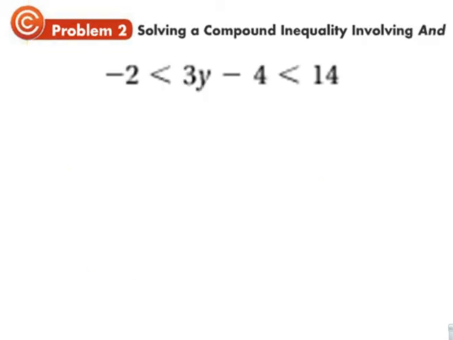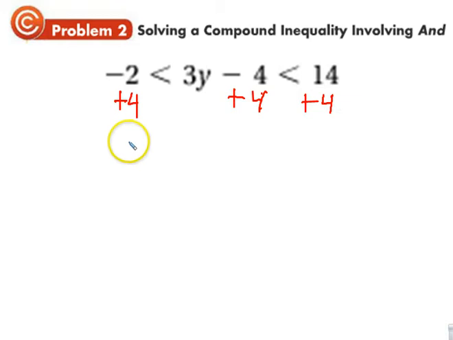Okay, then we have solving these, right? So they combine this. Now, it is possible to solve it this way. That's up to you if you want to do it. I would just add 4. But remember, we have 3 sides, so I have to add it to all 3 parts.